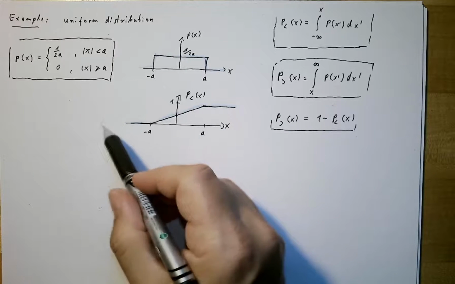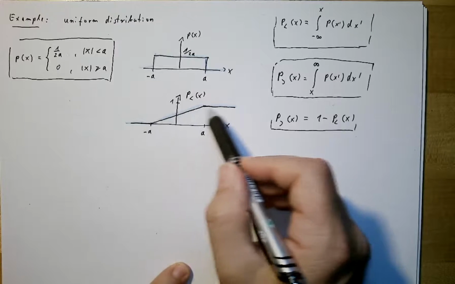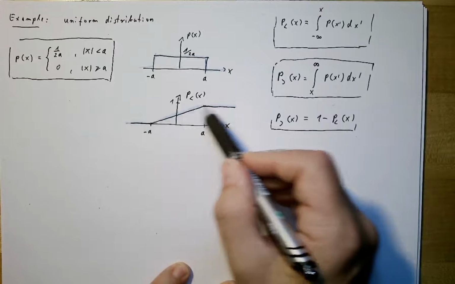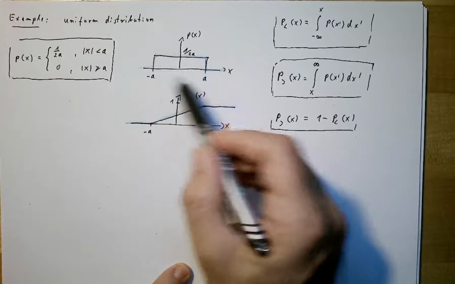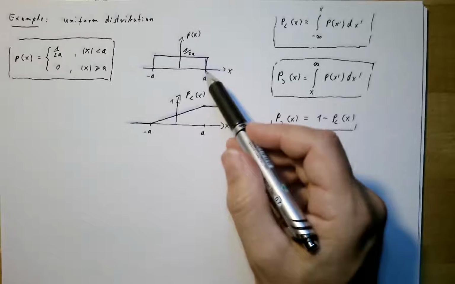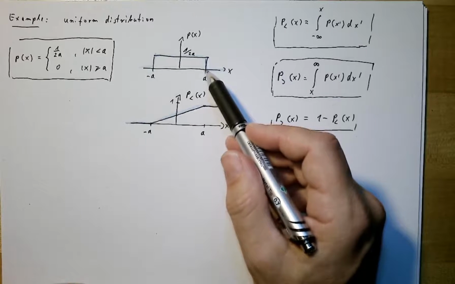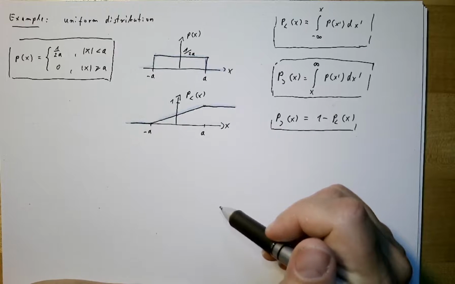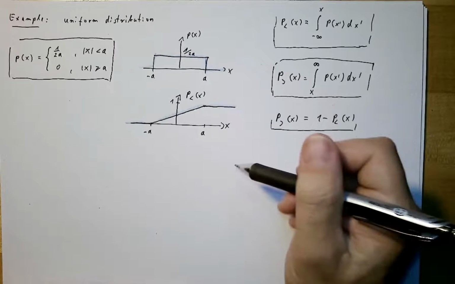And the CDF is always a function which is monotonously increasing between 0 and 1, and they all will look like this. So I much prefer to work with these PDFs because it gives much better insight into what's going on. Now another question is, how can you generate such a number in the computer?